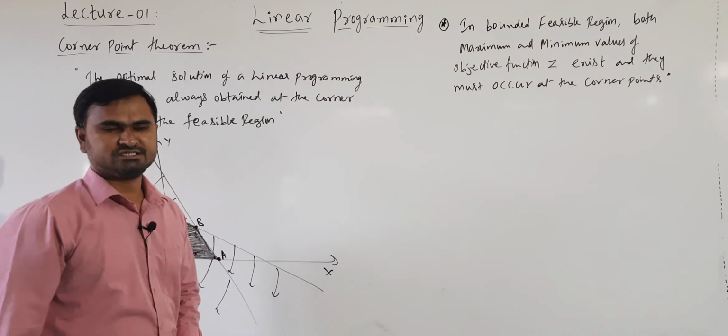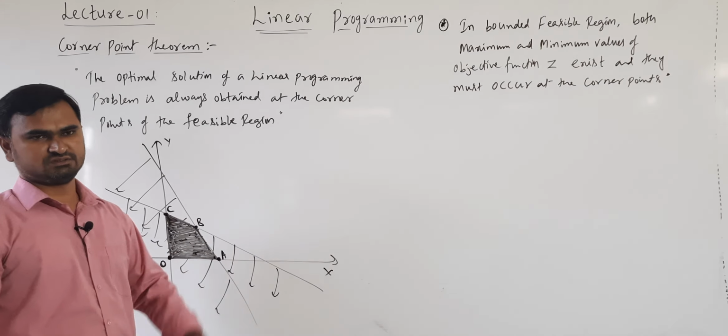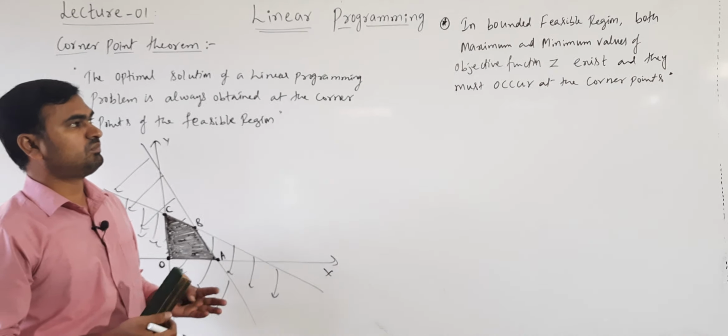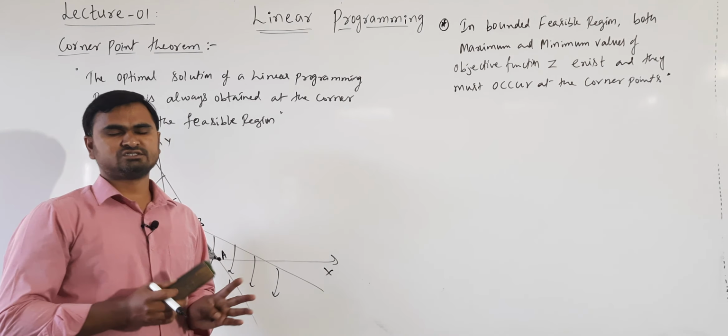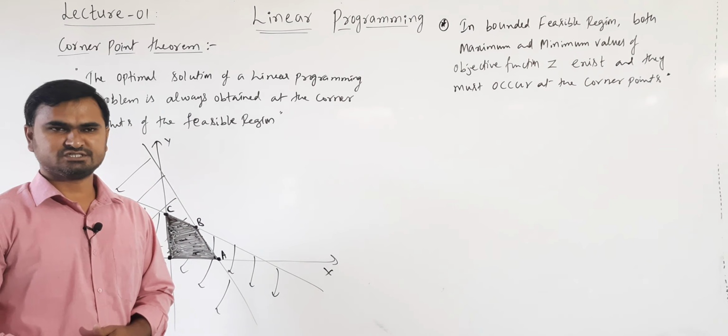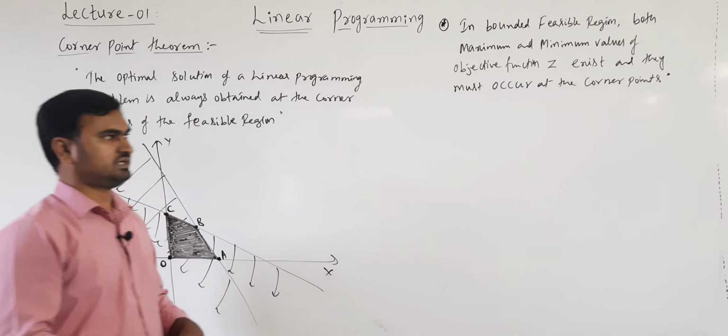Understanding? Whether maximum or minimum, if it exists, it must occur at these corner points only. So in the case of a bounded feasible region, both the minimum and maximum values of the objective function exist, and they occur at the corner points, right?